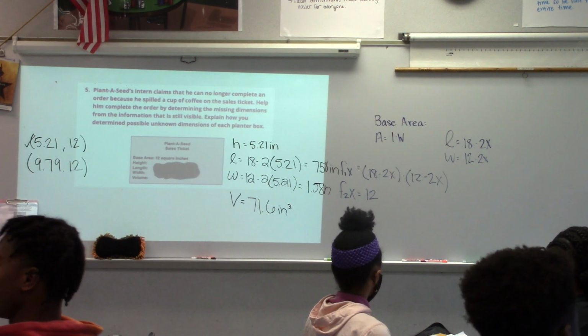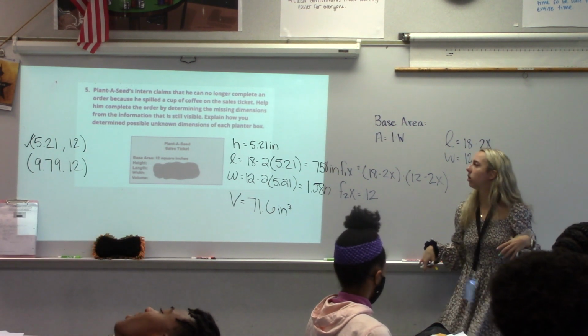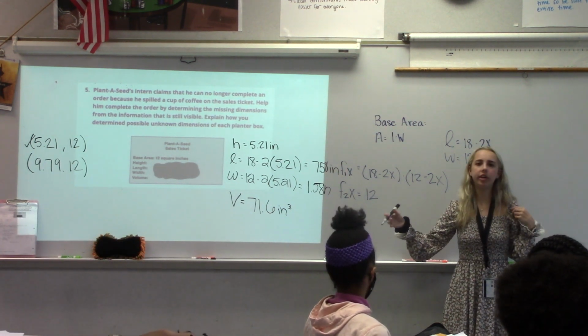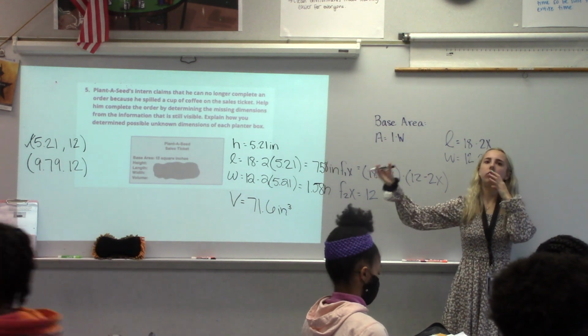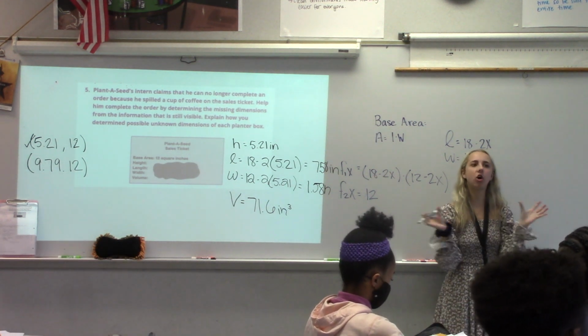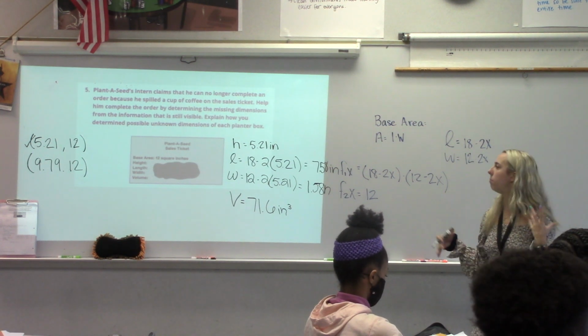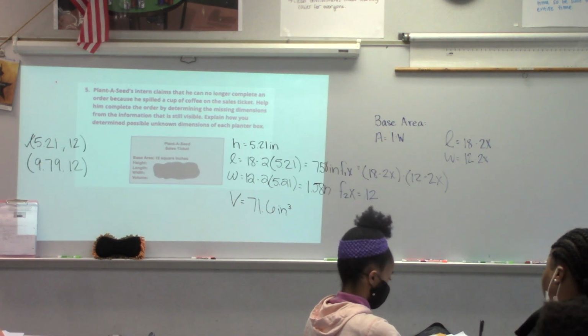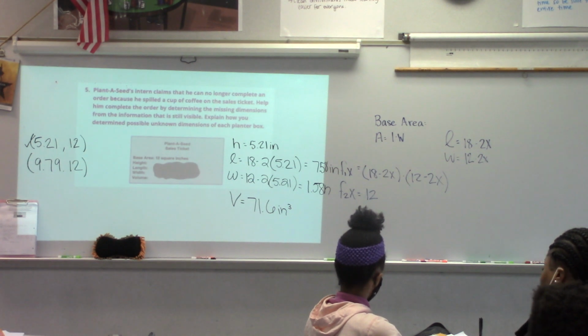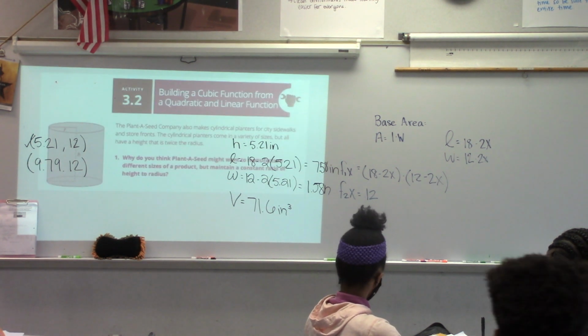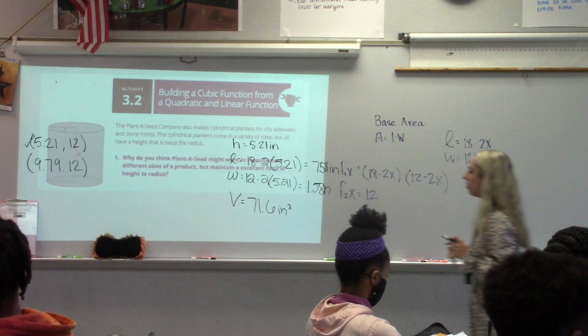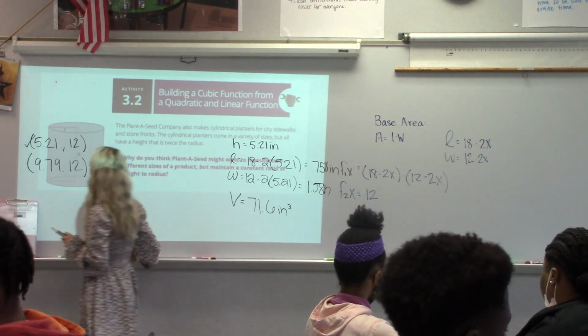Okay guys, so this idea of using information you're given to help you figure out other things, and working backwards, all these ideas we're about to continue to apply them. Go ahead and go to this page in your book, 3.2.